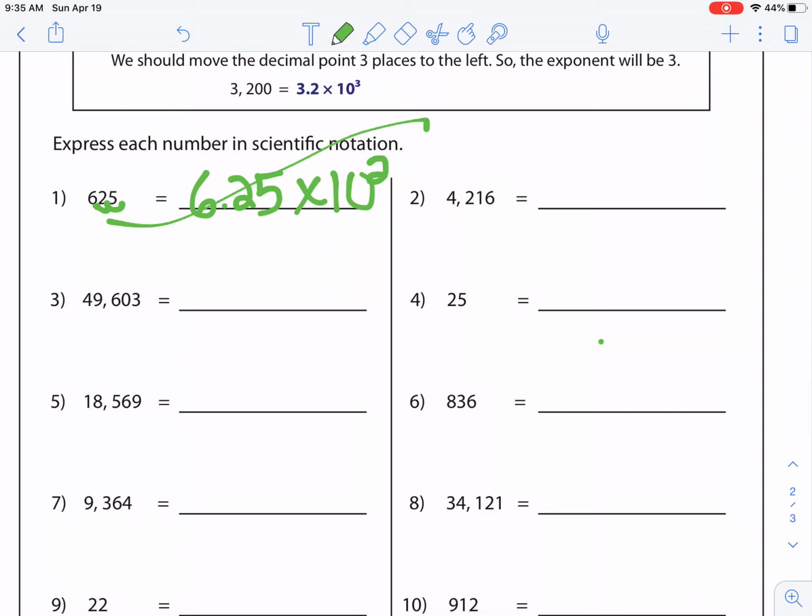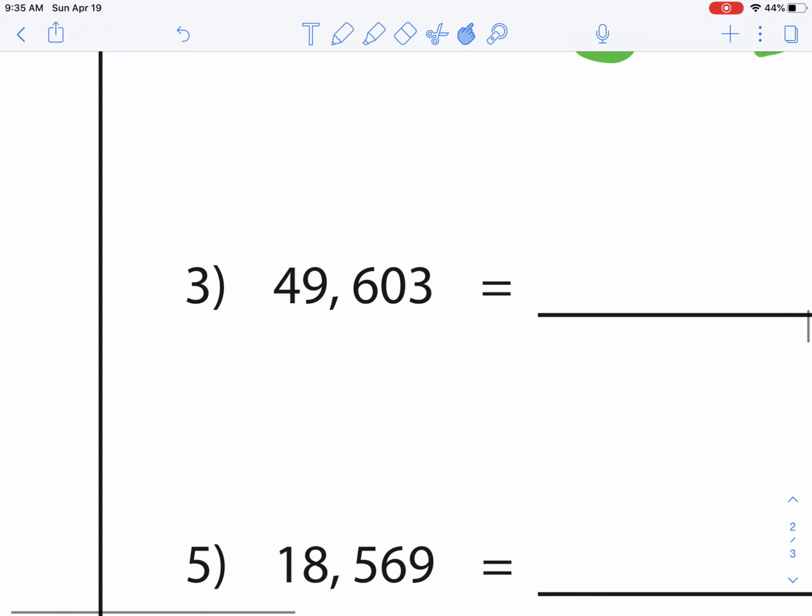Where is that decimal place? It's at the end of the number. If I move it here, do I have a number between 1 and 10? Nope. If I move it here, do I have a number between 1 and 10? Nope. If I move it here, I have 49.603. Still not a number between 1 and 10.